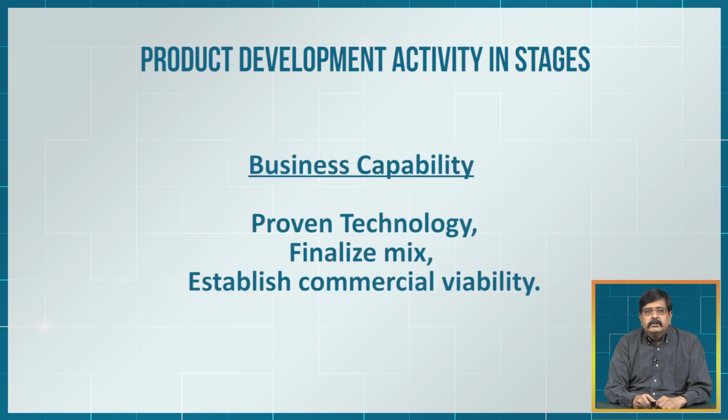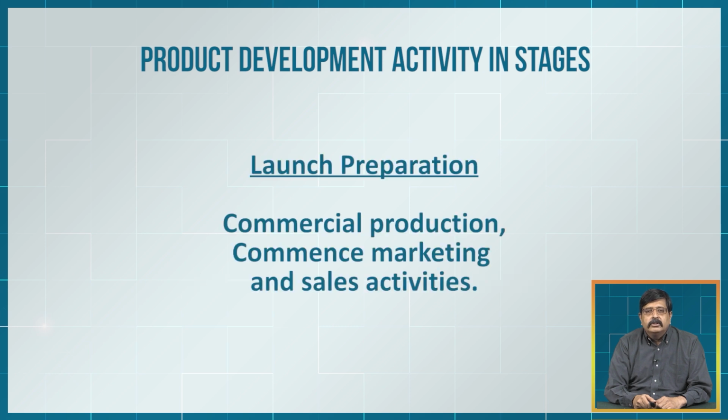Then the third is the business capability stage, where you check whether you have a proven technology, do you have a finalized mix or product mix, and then you look at whether there is a commercial viability for that product. And only products which meet all these requirements will go into the launch preparation stage, where the commercial production, commercial marketing and sales activities will start happening.